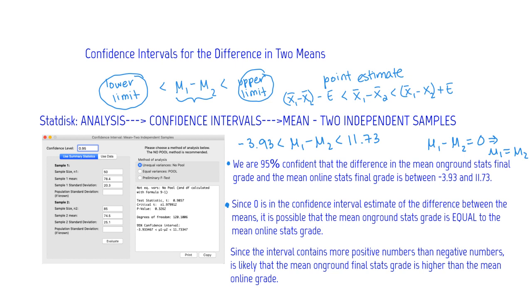Since the interval contains more positive numbers than negative numbers, it is likely that the mean on-ground final stats grade is higher than the mean online grade. Did we actually prove this? No, but that's what this interval suggests by having more positive numbers than negative numbers. That means that mu1 minus mu2 is most of the time positive, and if that's true, then mu1 is greater than mu2.